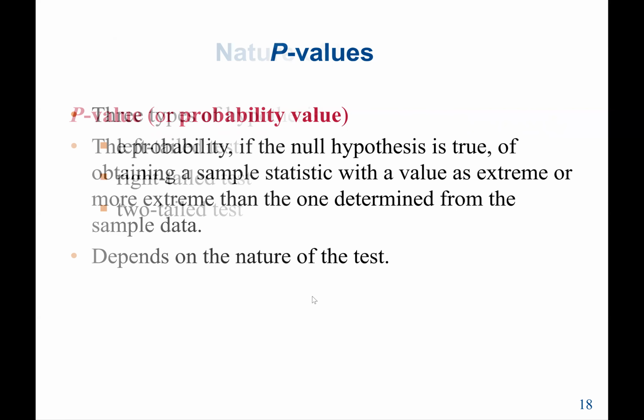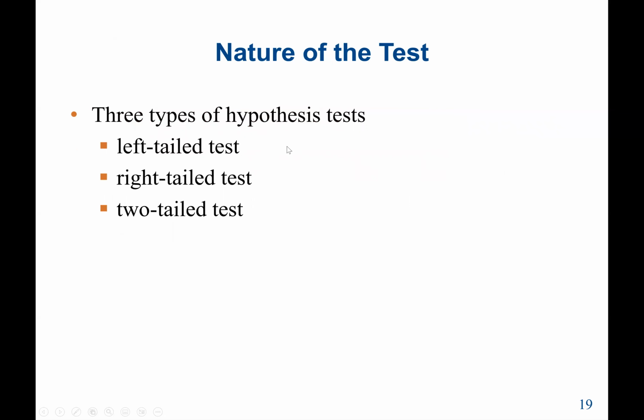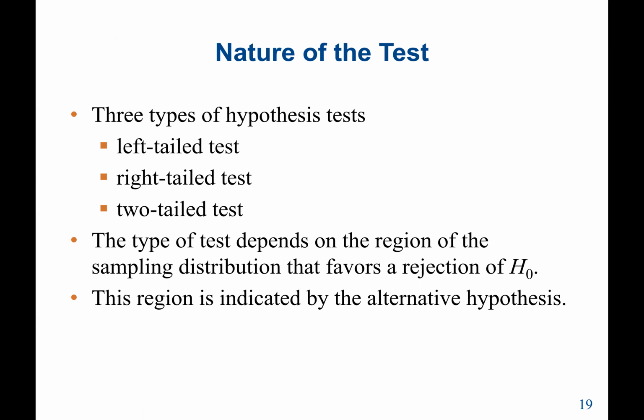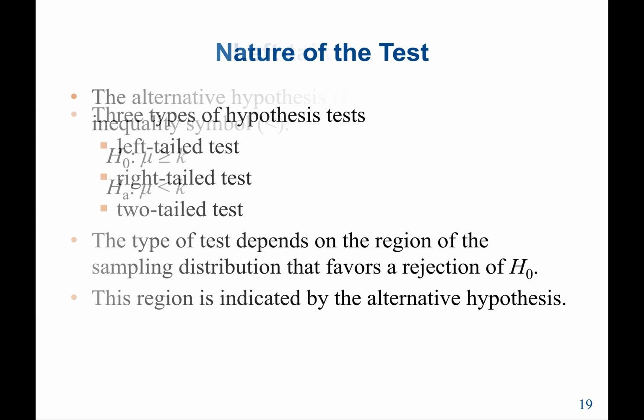We have three types of hypothesis testing: the left tail test, right tail test, and also the two-tail test. The type of test always depends on the region of the sampling distribution that favors a rejection of the null hypothesis. This region is indicated by the alternative hypothesis.